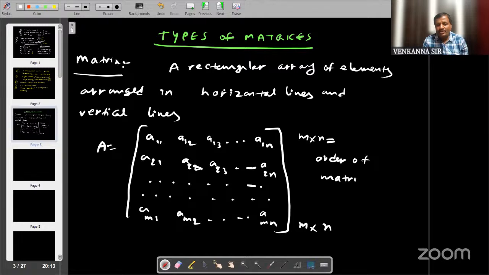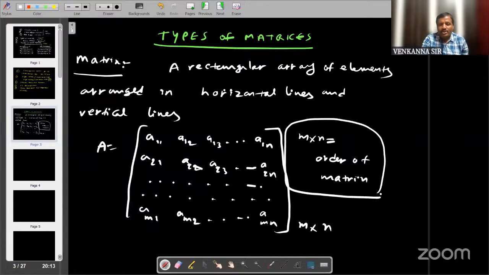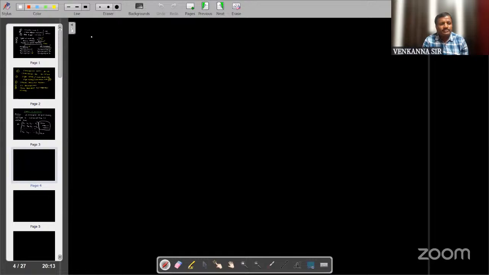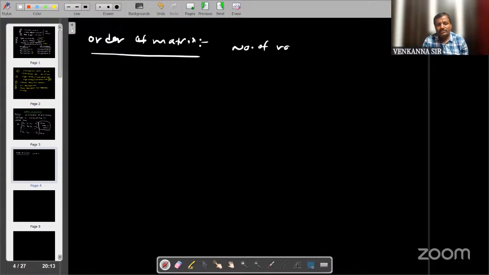M by n is the order of the matrix: number of rows by number of columns. Yes, all of you know.